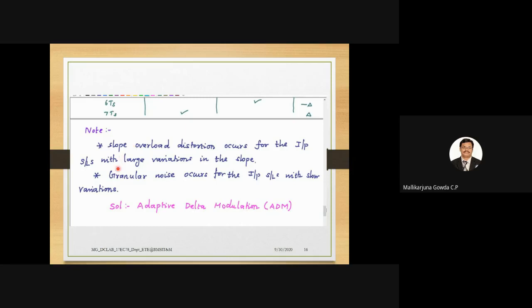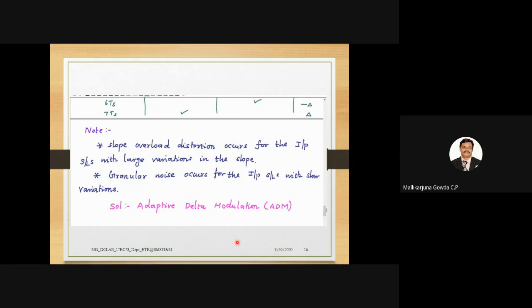To overcome the second problem, that is the granular noise, we need to reduce the step size. So we need to increase the step size whenever there is a fast change in the input signal, and whenever there is a slow varying input signal, we need to reduce the step size.